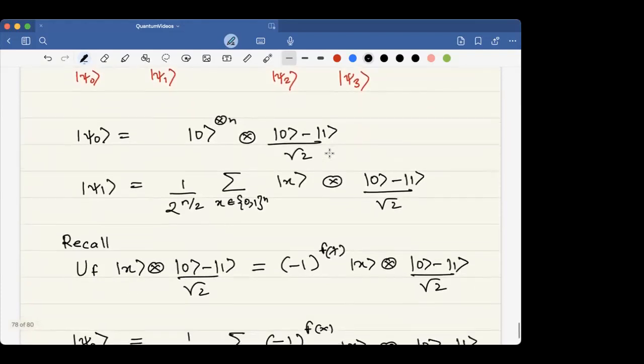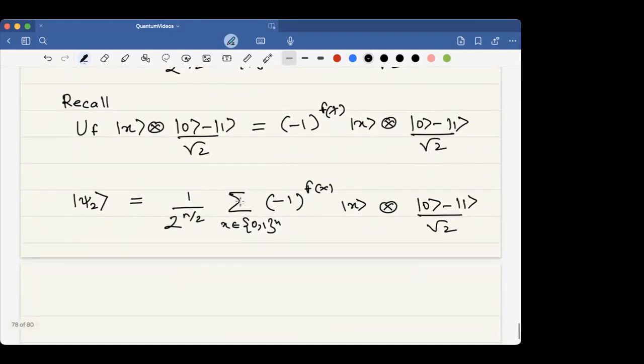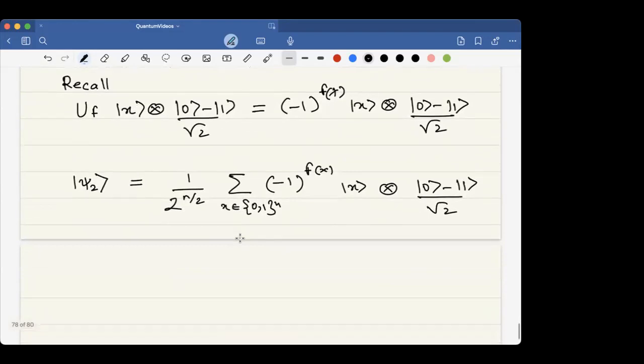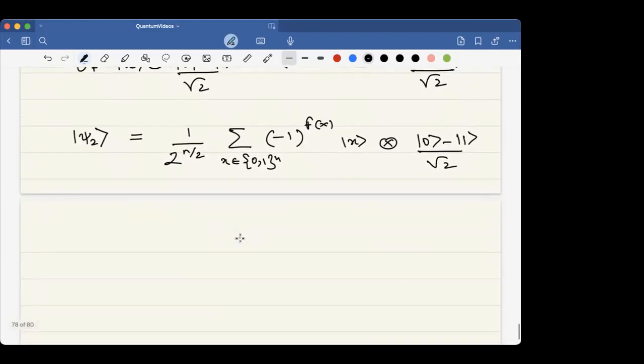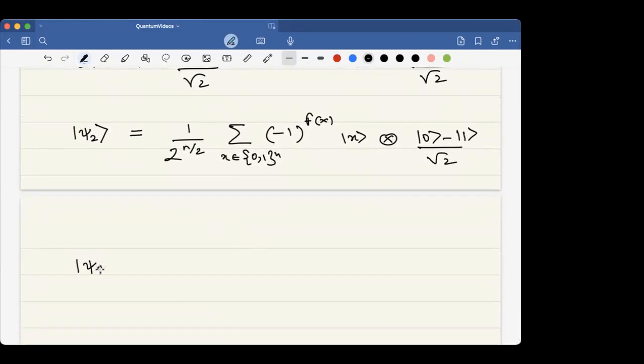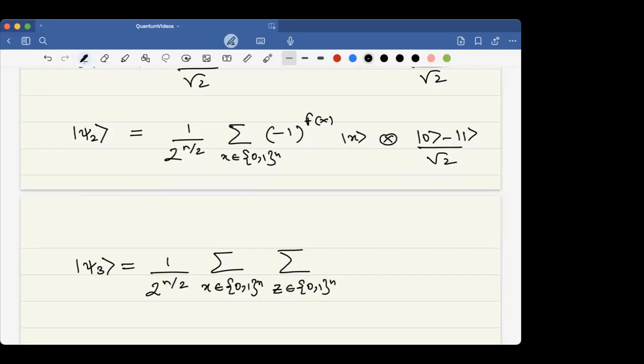So let's do that. Now, over here, we already have a summation. So when we apply the Hadamard tensor n, we'll get a double sum. So we have psi 3 equal to 1 over 2 to the n over 2 summation over x, and then a summation over z, 1 over 2 to the n over 2.